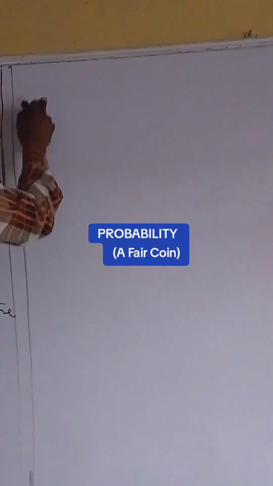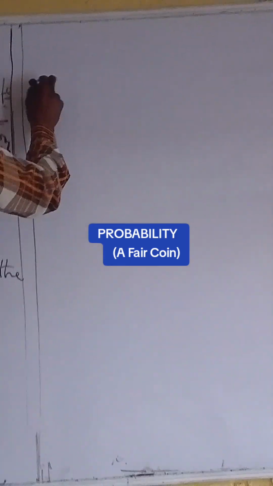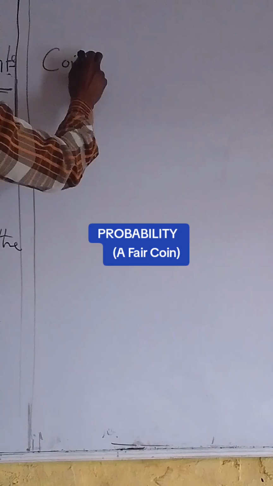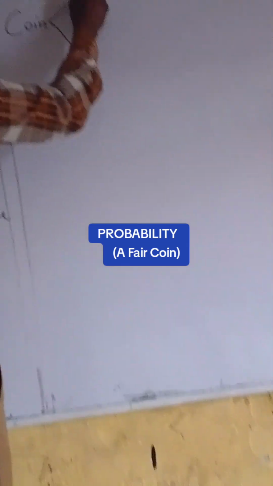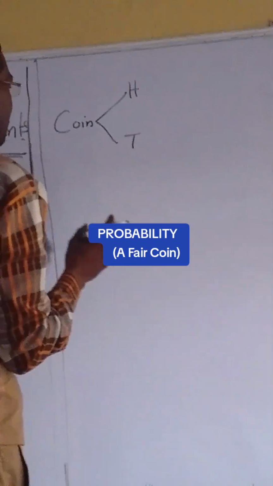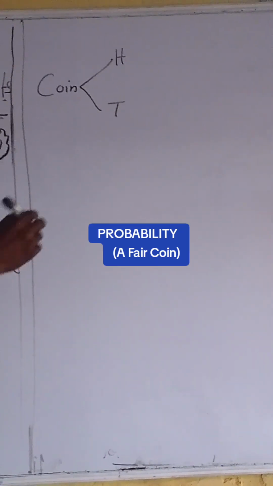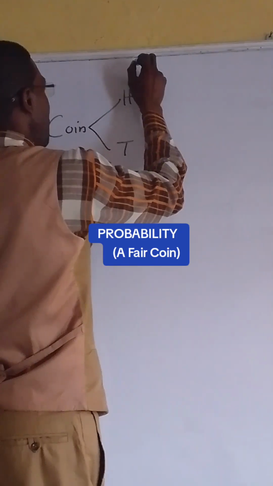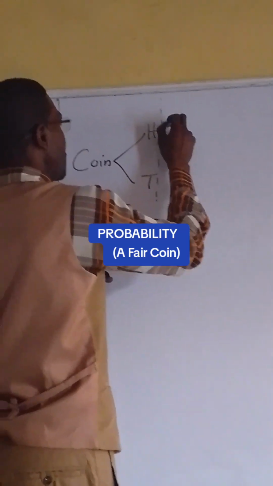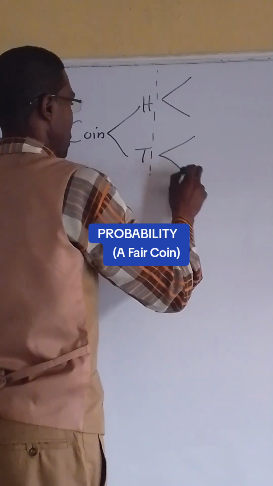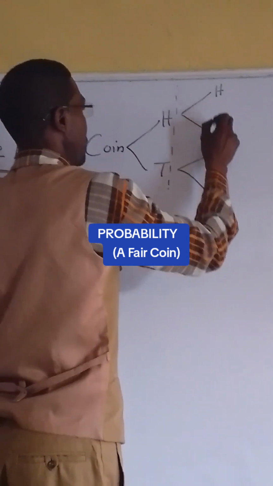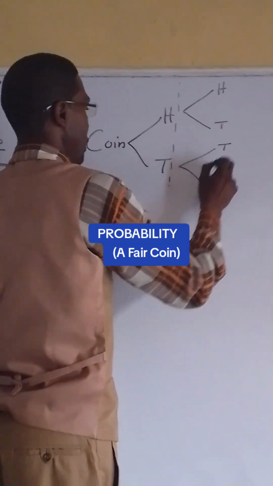3 coins. Firstly, you must know that the first throw is like this: head and tail. Then we move to the second line, which is like this: head, tail, head, tail.